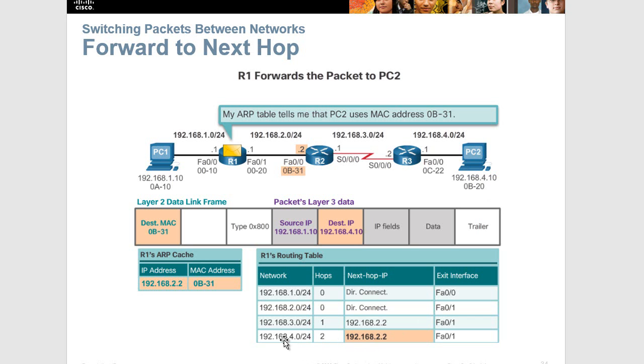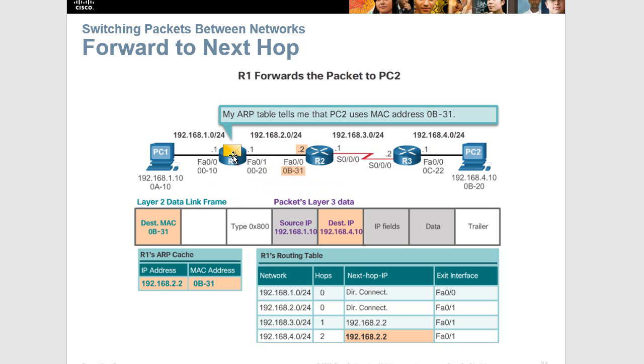So it sees that to get to said network, that network is in its routing table, and it has to go to this next hop. Okay, the next hop is R2. So in R1's ARP table, it has the MAC address for R2, so it has all the information it needs to build that frame and send it along to R2.